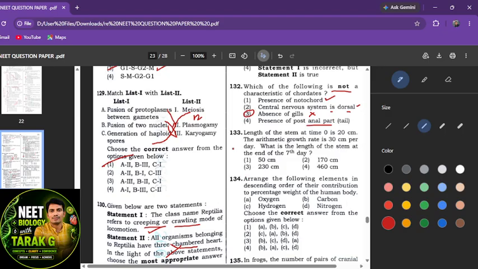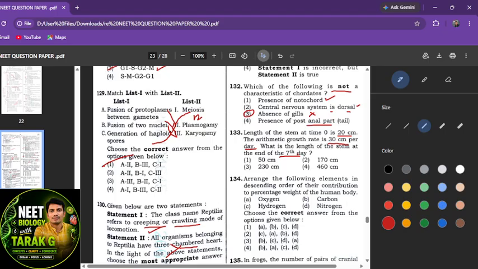133. The length of the stem at time zero is 20 centimeters. The arithmetic growth rate is 30 centimeters per day. What is the length of the stem at the end of the seventh day? At time zero it is 20, and 30 centimeters per day.